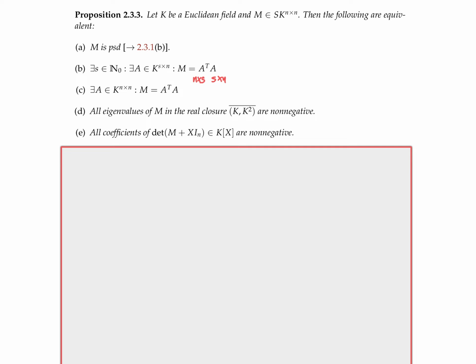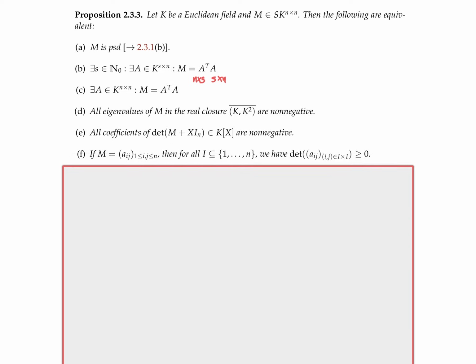Okay, and then if I write M in this way, the a_ij are the entries of M, and I take arbitrary subsets of 1 to n, and look at what's called a principal submatrix. I look at these principal submatrices where I keep the same rows and same columns, indexed by the same numbers, and I delete all the other rows and columns.